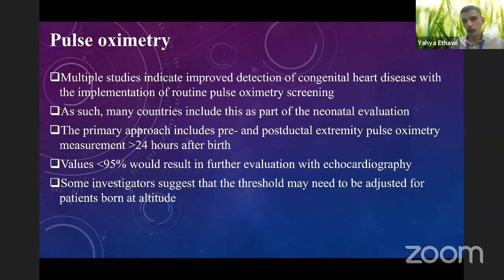Now, if it's a term baby, a value of 95 is a good number to screen for echo. But if it's a premature baby, then the story is different. Or if a baby with some respiratory disease, then that's different. Or if it's a baby born in a little bit hypoxic environment, such as high altitude, you need to figure out another cutoff. But the agreed level is anything 94 and below should be screened in a term baby, of course.